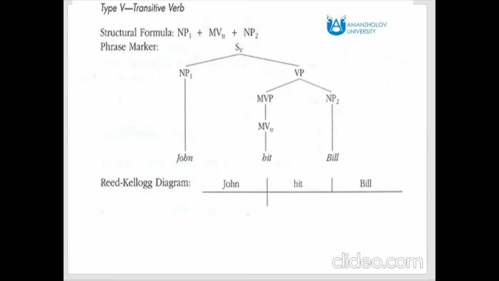Type 5, transitive type. Look at the example, John hit Bill. This sentence is different from each of the preceding 4 types. As we have seen, intransitive verbs in type 1 sentences require no complements. Linking verbs in types 4, 3, and 2 have complements that refer in some way to the subject of the sentences.